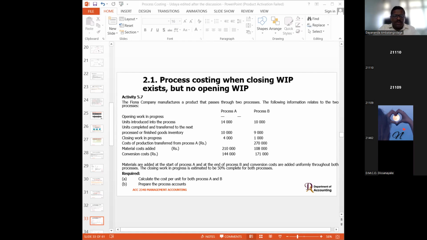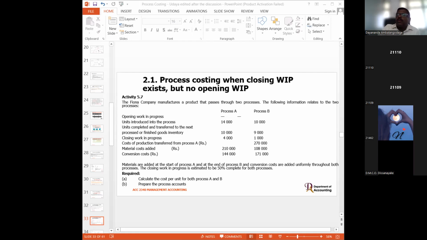So we take 50%, that is 2,000. Is it clear? Total equivalents would be then 14,000, right? And here it would be 12,000. Is it clear? So these two columns, we get the total.